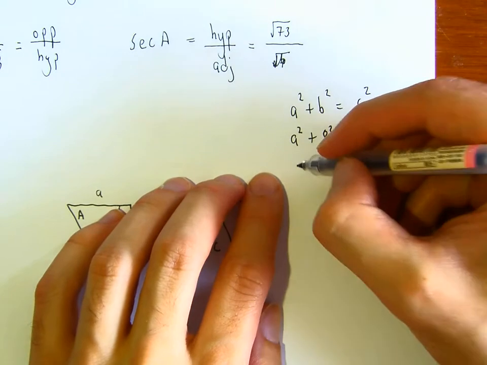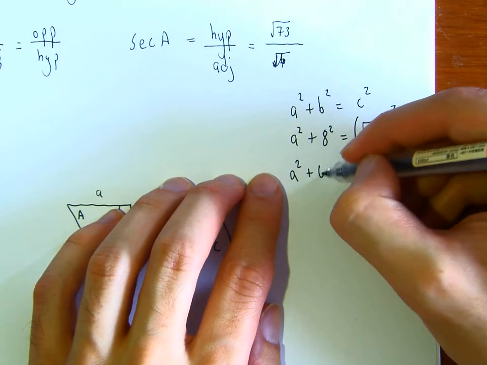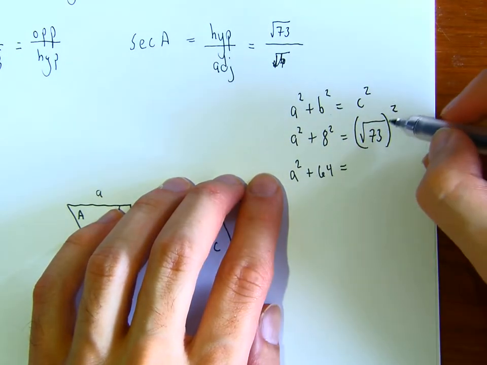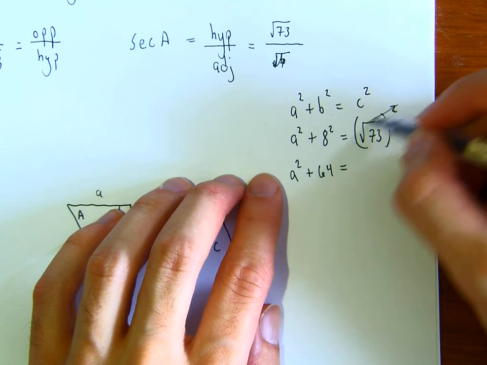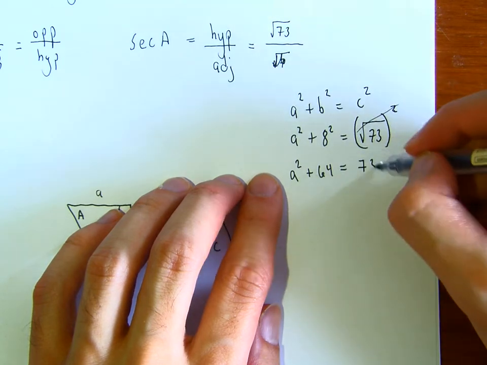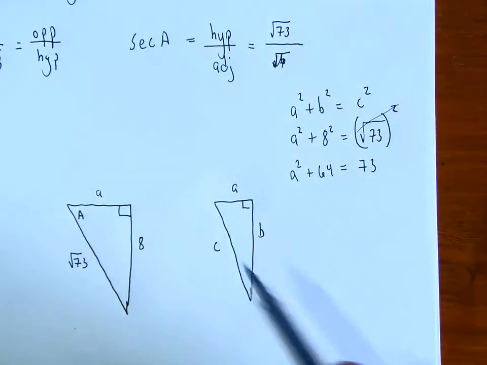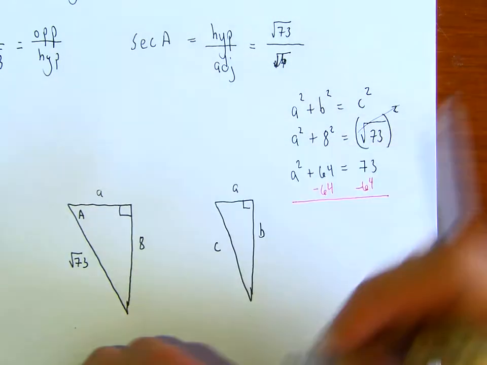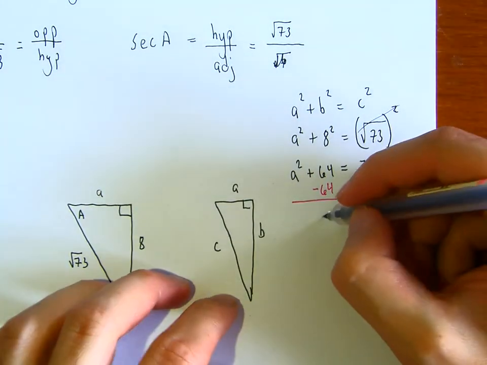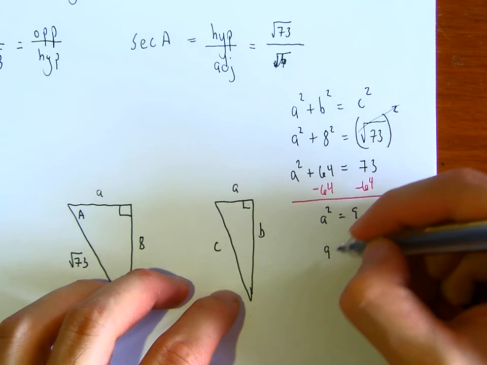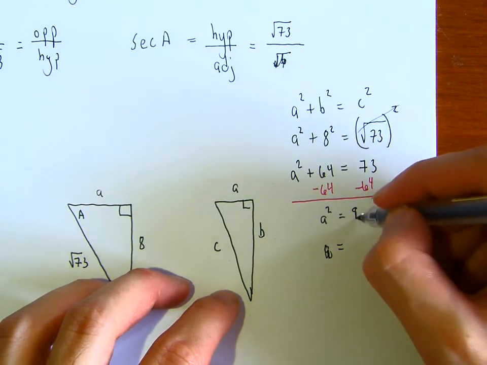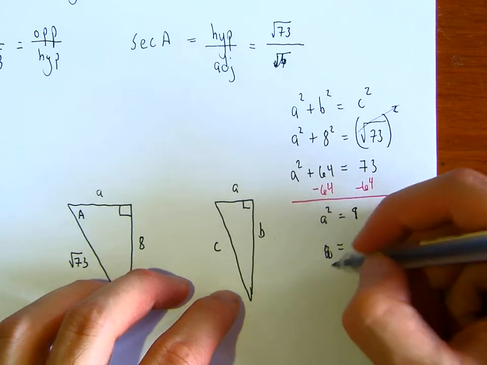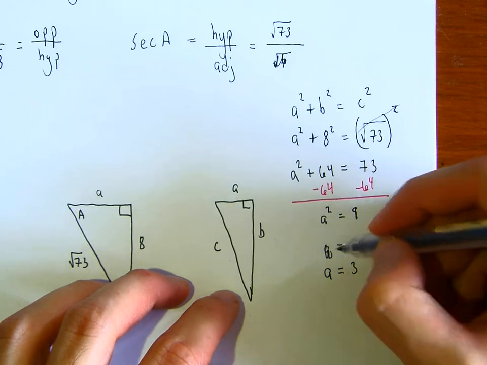This is A squared plus 64 equals, now when you square the square root, this cancels, so we're left with 73. Then how do we get A squared by itself? Subtract 64 from both sides, and then A squared equals 9. So A is equal to 3.